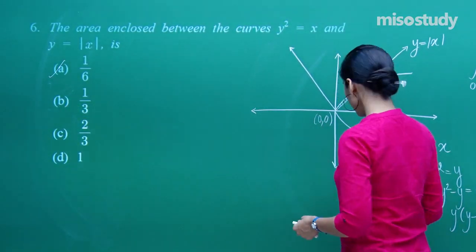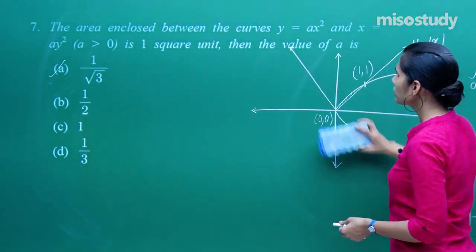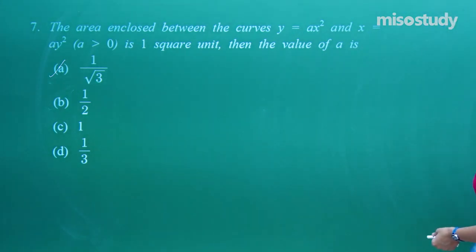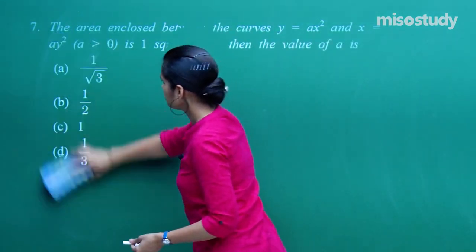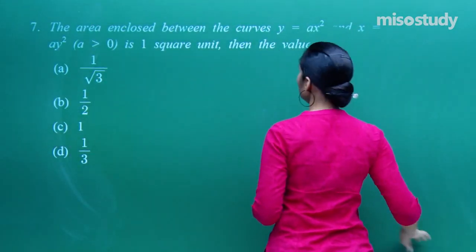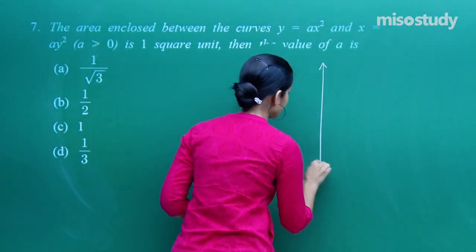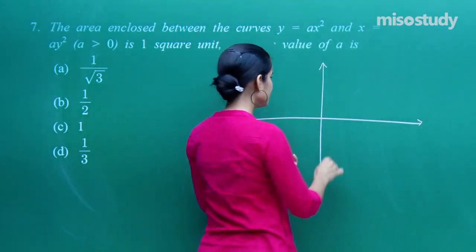Clear? Next question says that the area enclosed between these two curves is already given to you as 1 square unit. Find a. So two curves are given in this question: y equals a x squared and x equals a y squared.